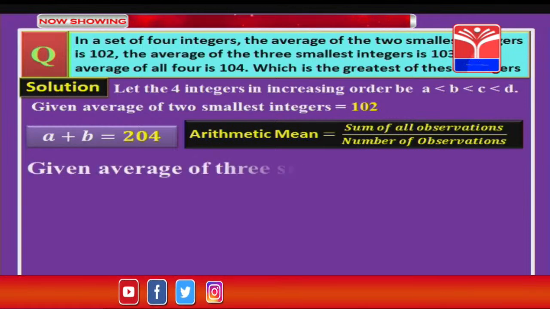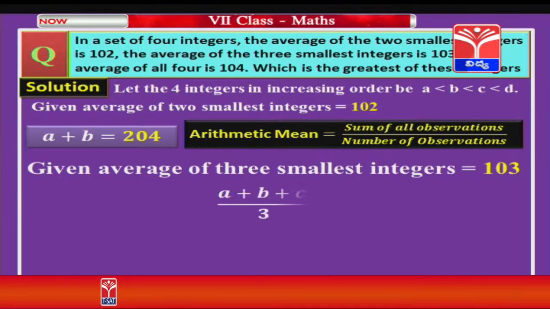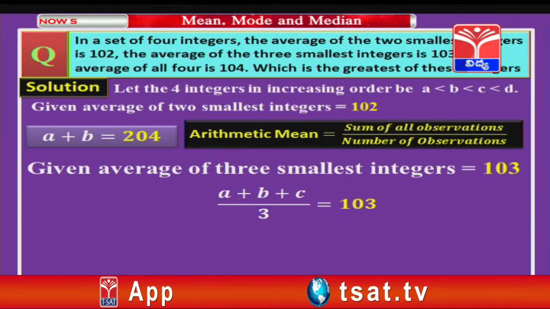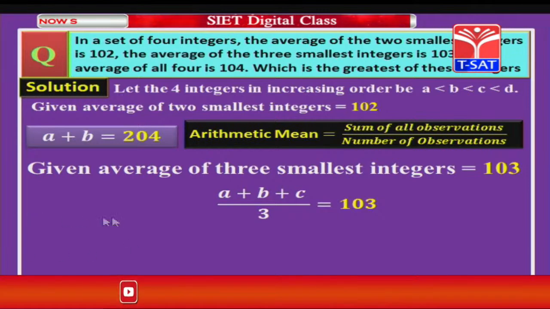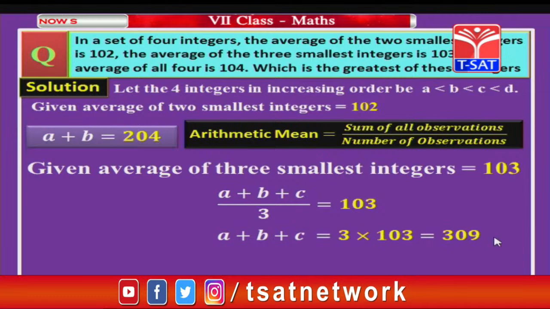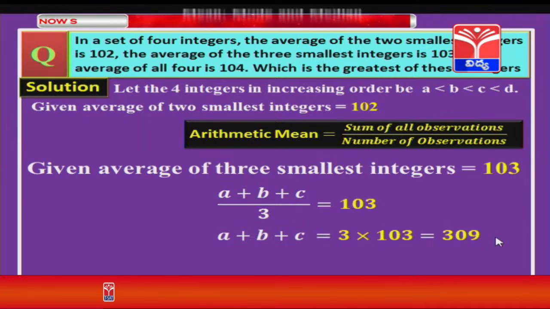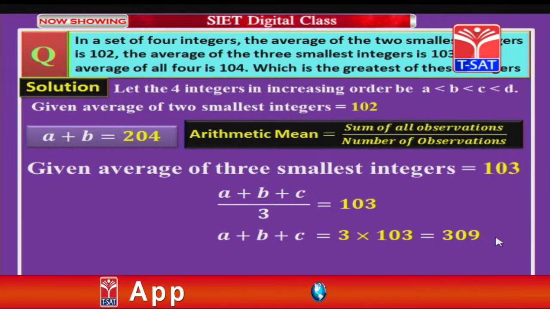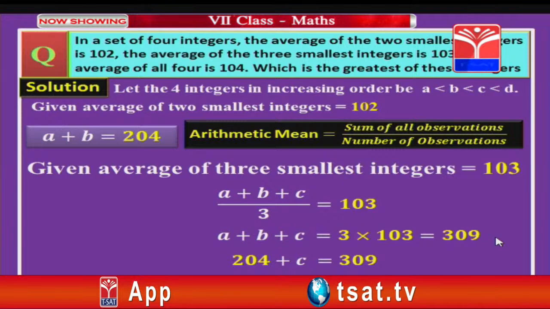Now, let us move on to our second condition, that is average of 3 smallest numbers is 103. So, let us calculate the average, that is a plus b plus c divided by 3 equal to 103. Now, sending this 3 to RHS, we get a plus b plus c is 3 into 103, which is 309. But notice, children, a plus b is 204, we already got in the first condition. Now, let us substitute the value of a plus b as 204.